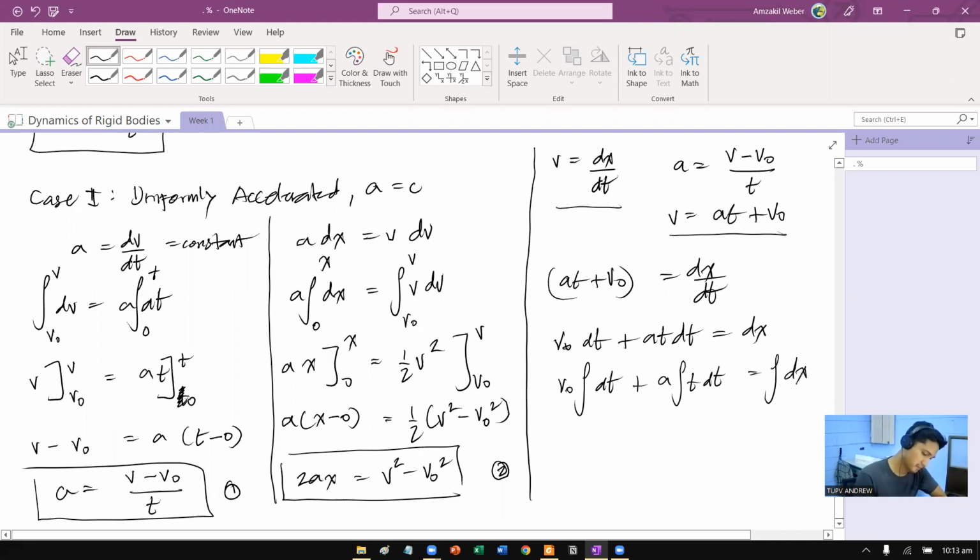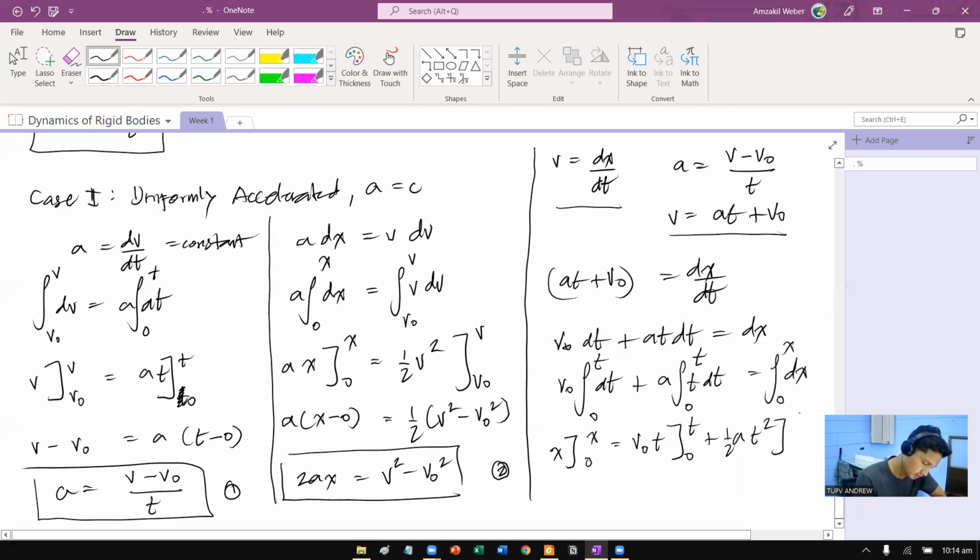Okay, so at time t equals 0, our position starts from the origin. Then at time t, our new position is x. So x is equal to v0 t, and of course we have 1/2 a, so inside it is just a, because t dt is t squared over 2.